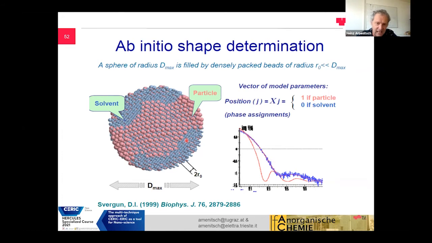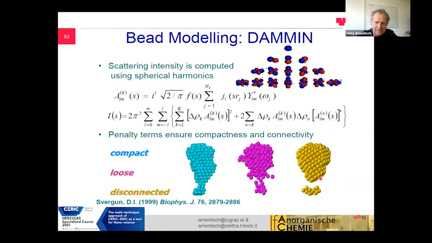And then you start converting beads into solvent. You're removing beads, in other words, and then slowly you will converge and you will fit the experimental data properly. But what will happen is that you will have a perfect fit for these three different models.